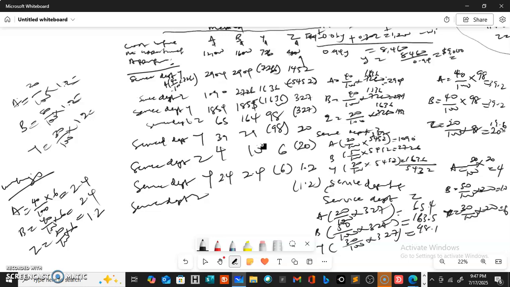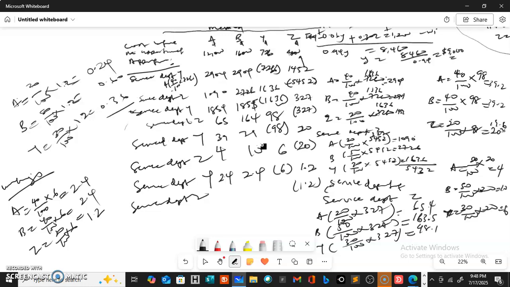So let us just finalize with this. 0.20 multiplied by 1.2 is 0.24. 0.50 multiplied by 1.2 is 0.60. And 0.30 multiplied by 1.2 is 0.36.